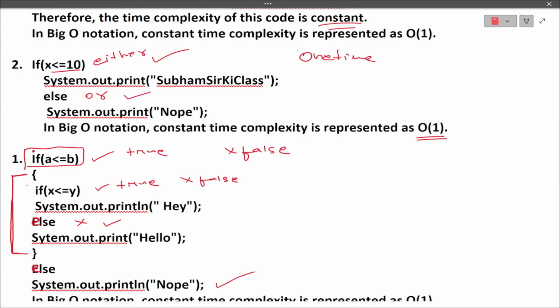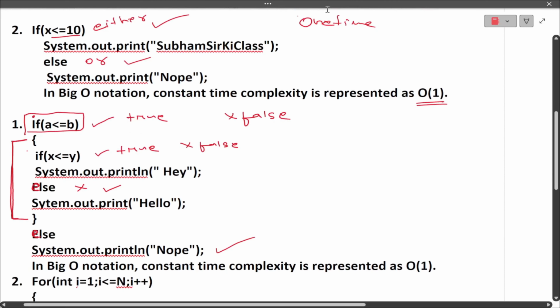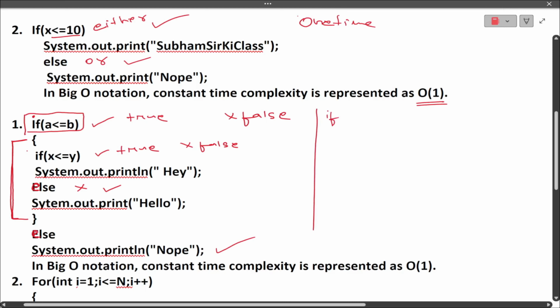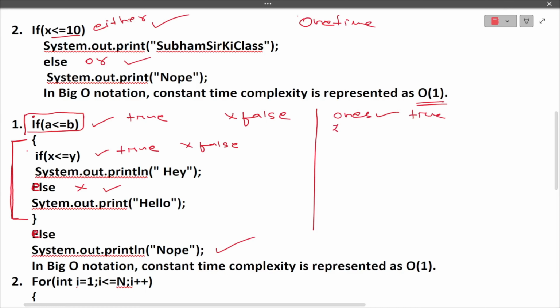Now let's try and find out the time complexity of this particular thing. So here the constant time complexity, here also it will be 1. You will be thinking, sir, why? Let me break this down. If this will work for once, this will work for once. If this is true, inside the body any one of them will work only once. Either if will work, or if the condition of if is false, then my else will work.